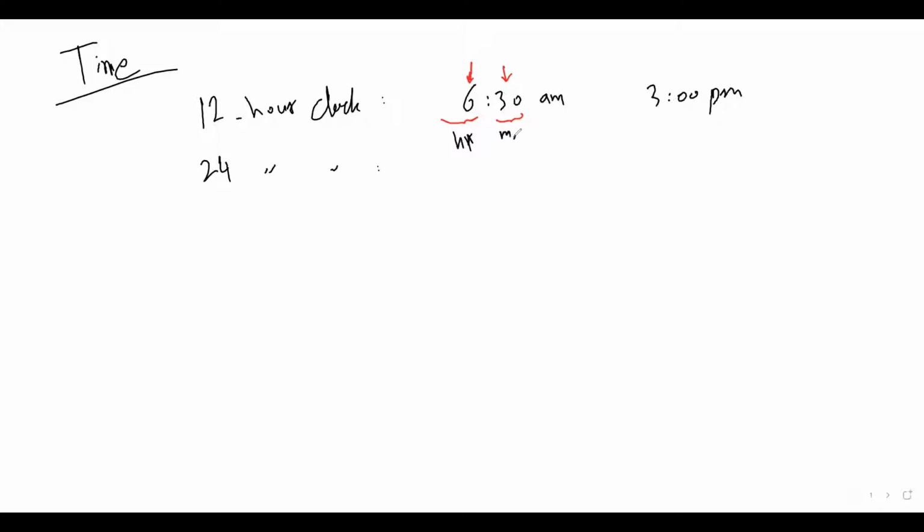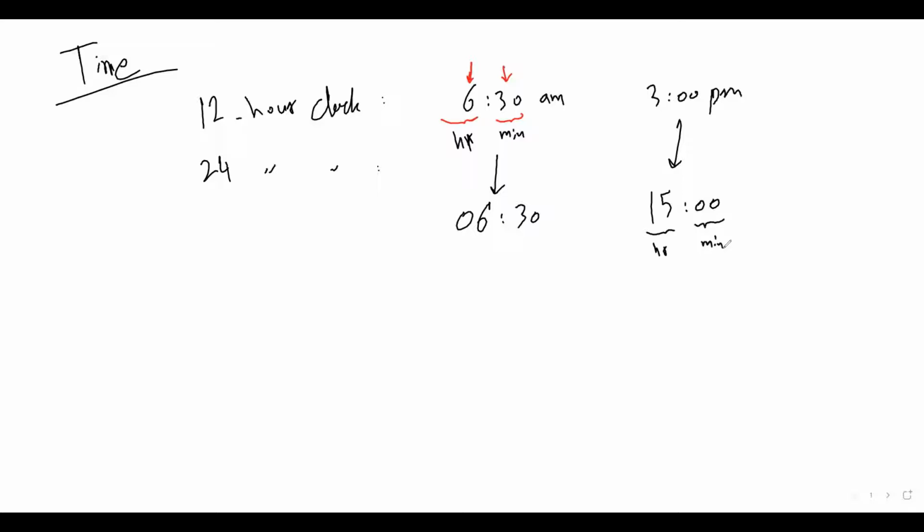Now, if you want to talk about the same time, but in 24-hour clock, 6:30 is still 6:30, but you have to put a 0 behind 6, and 3 p.m. would be 3 hours after midday, which is 3 plus 12, so that would be 15, right? Same thing, this represents hour, and this represents minutes.